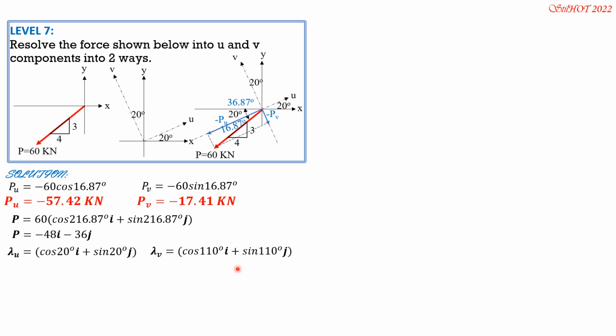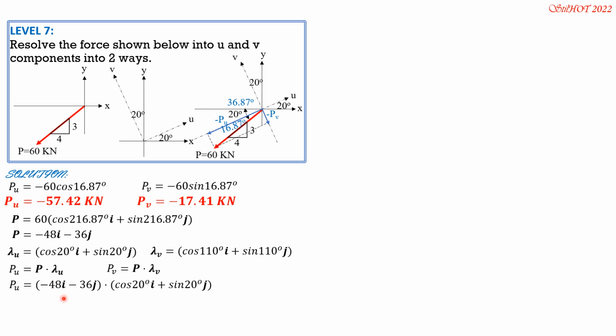So therefore, PU is P dot lambda of U, PV is P dot lambda of V, unit vector. So PU is quantity negative 48i minus 36j dot with quantity cosine 20 degrees i plus sine 20 degrees j. That is applicable as long as the U and V axes are perpendicular.